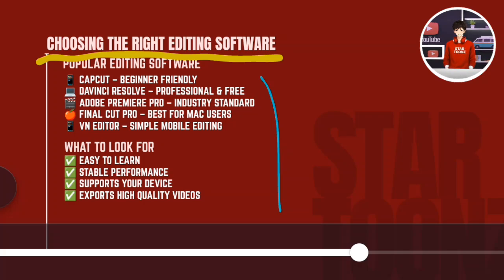Many professional filmmakers use it because it includes editing, color correction, visual effects, and audio tools in one application. Adobe Premiere Pro is another industry standard editor used by many YouTubers and production companies. If you're a Mac user, Final Cut Pro is also an excellent choice because it's highly optimized for Apple devices.